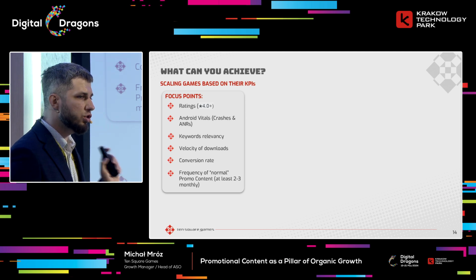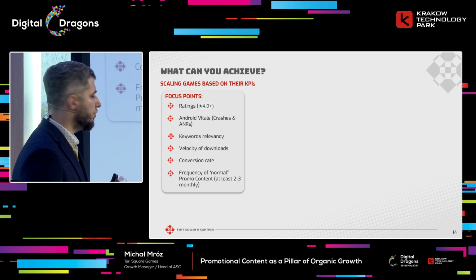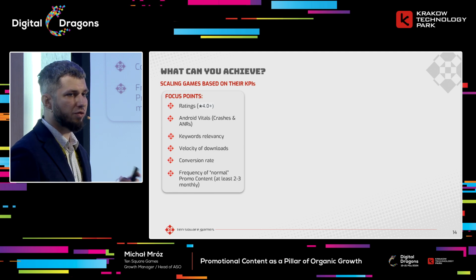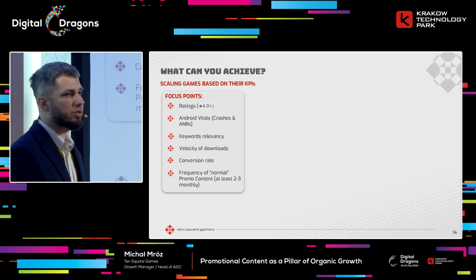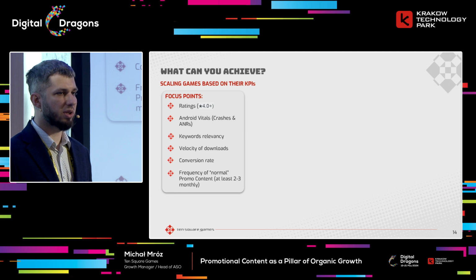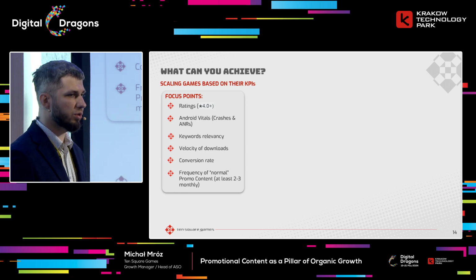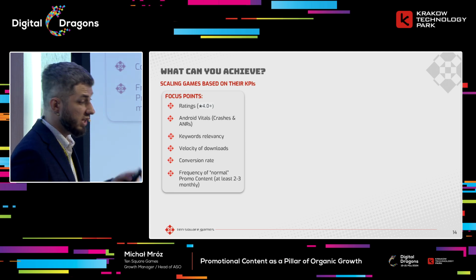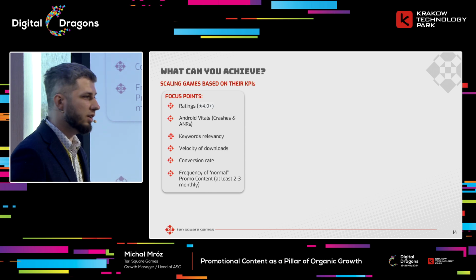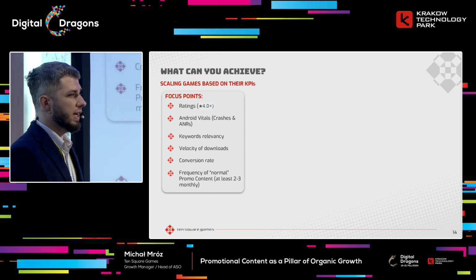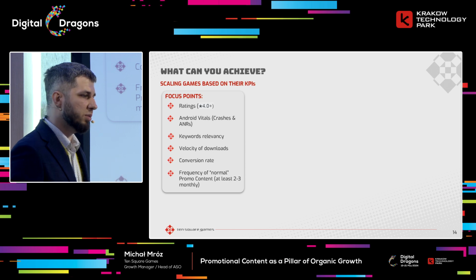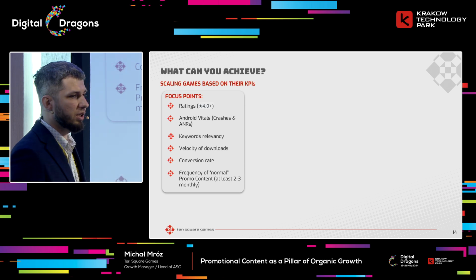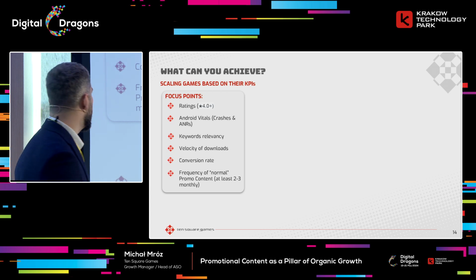For example, they should be at least 4 stars, and if they can be 4.5, this is even better. You have to look at your Android Vitals. For example, your crash rates and your ANR rates, which stands for app not responding, should be below the bad behavior threshold. Of course, from time to time they can be a bit up, and it shouldn't harm you so much. But if you are constantly above the bad behavior threshold, your discoverability will definitely be limited.